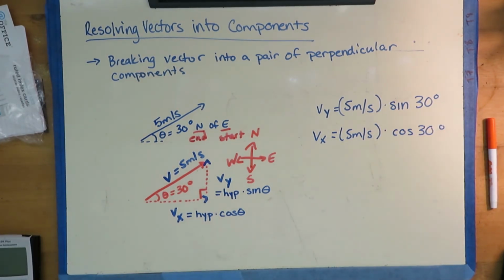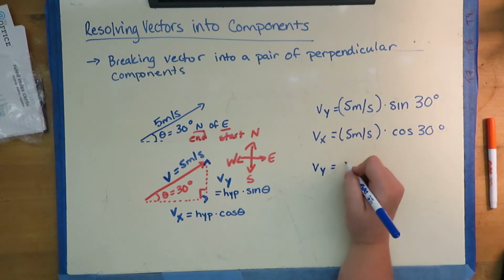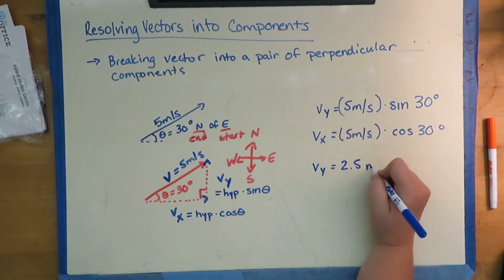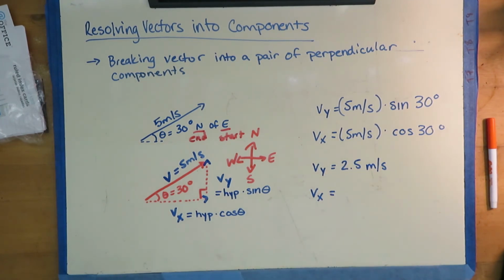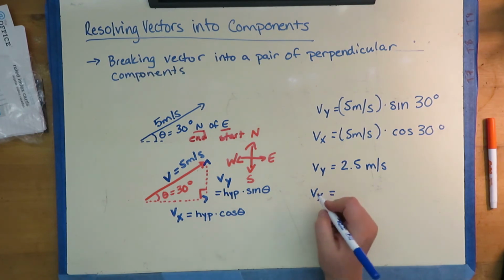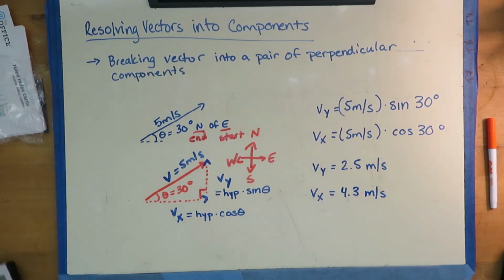If you go through, we can find those values. I would have 5 sine of 30, so Vy is 2.5 meters per second. And Vx would be 5 cosine of 30, which would be 4.3 meters per second.